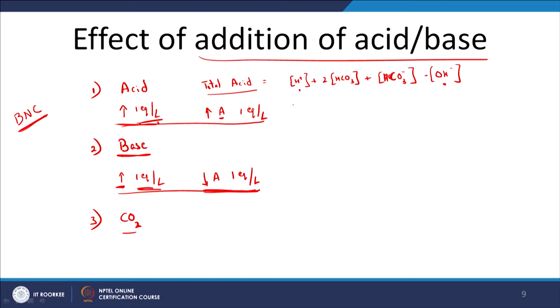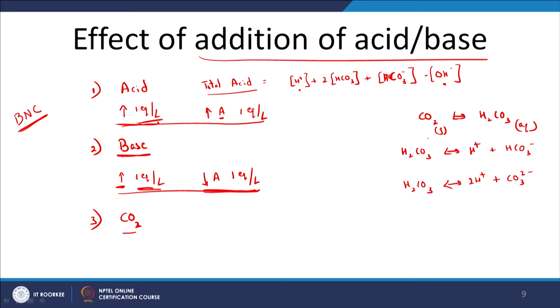We know that CO2 can dissociate into H2CO3, from gaseous to aqueous, and H2CO3 we know can either go to H plus and HCO3 minus, or it can also dissociate to 2 H plus and CO3 2 minus, right.